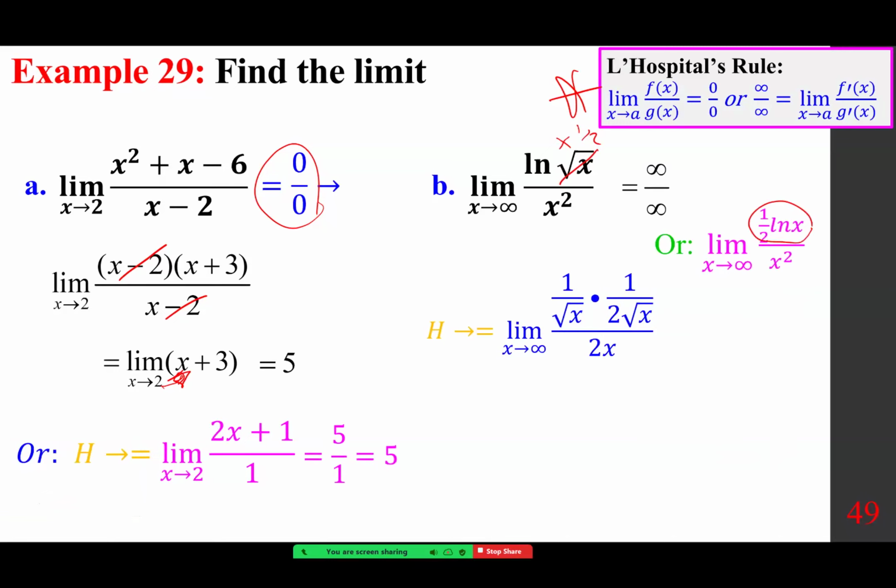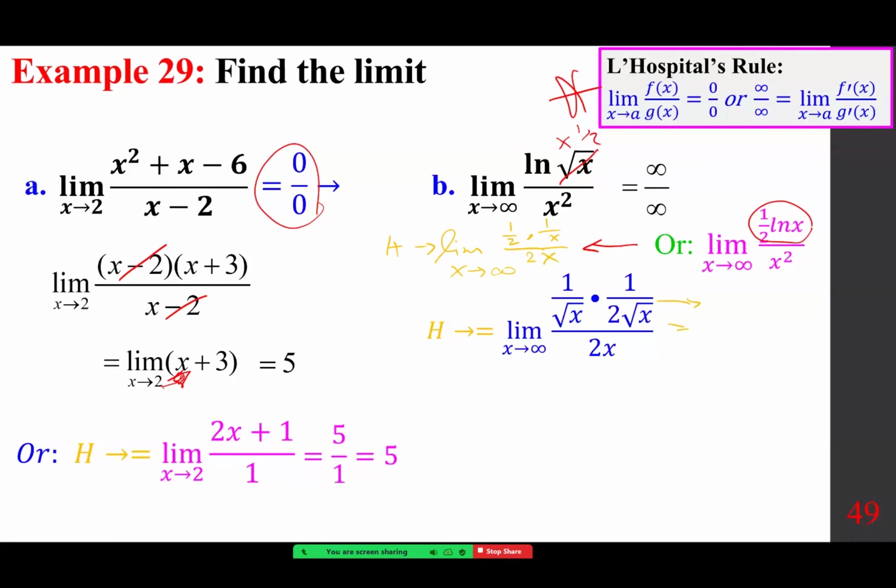Okay, let me just show you if I were to go this route and use L'Hopital's rule, then I would say the limit as x approaches infinity, the numerator is 1/2 times ln x, which gives me 1 over x, and the denominator gives me 2x. Either way, I hope you recognize this one.